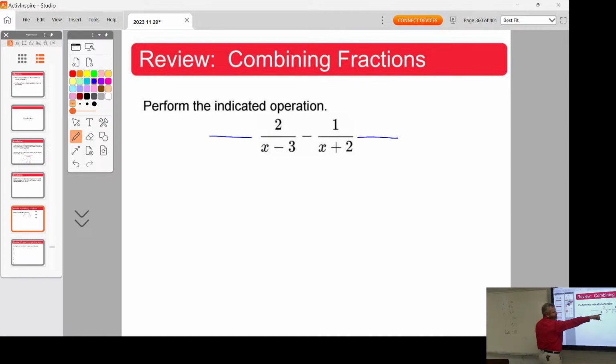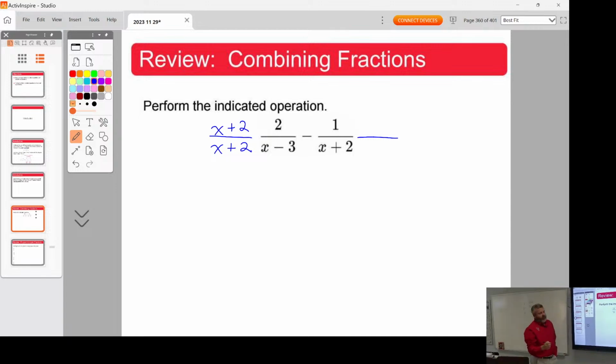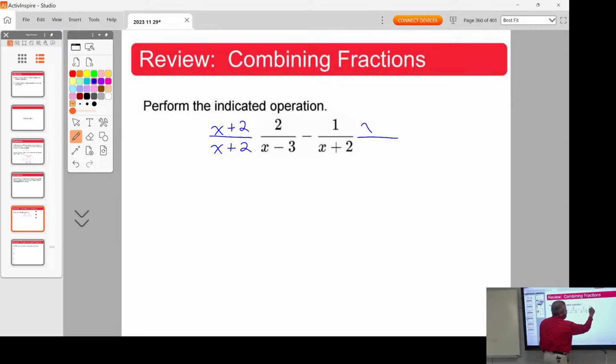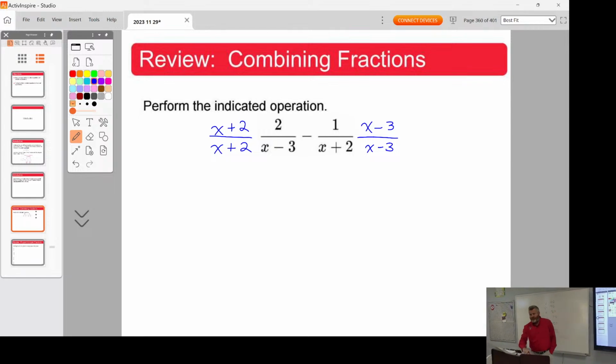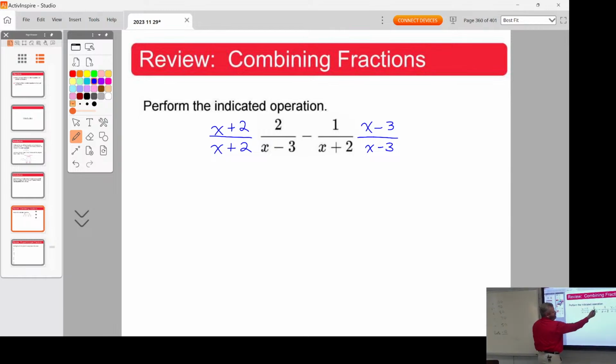The one on the left needs an x plus 2, so I'm going to multiply it by x plus 2 over x plus 2. The one on the right, I'll multiply by x minus 3 over x minus 3. Do I now have a common denominator? Yes.